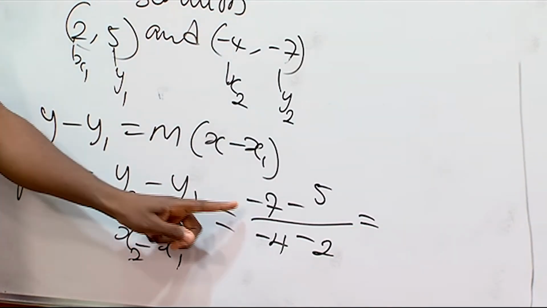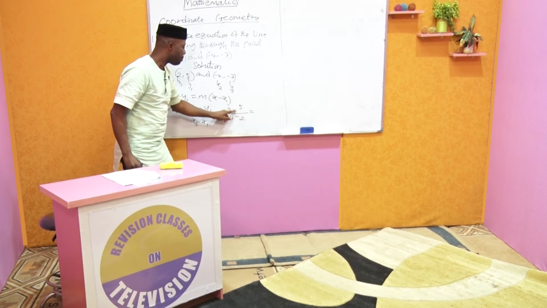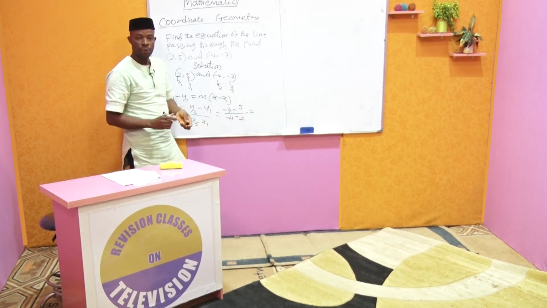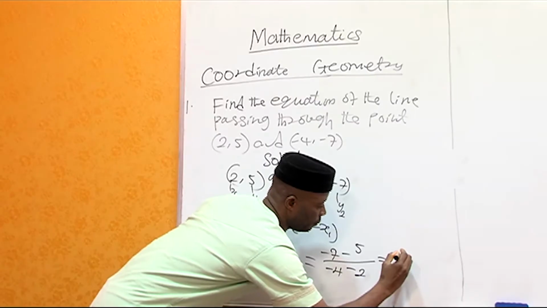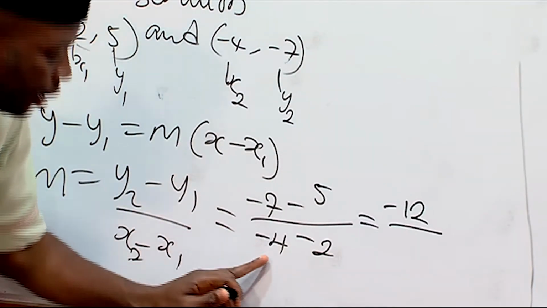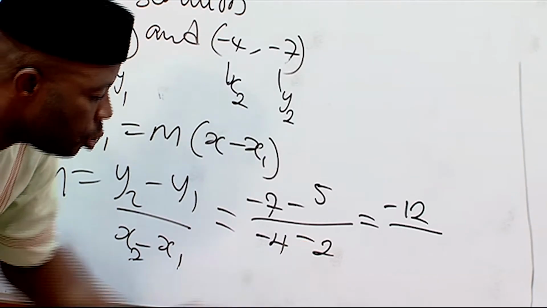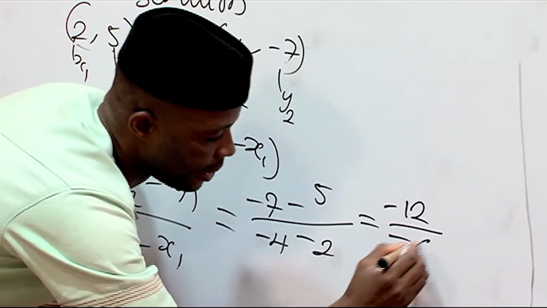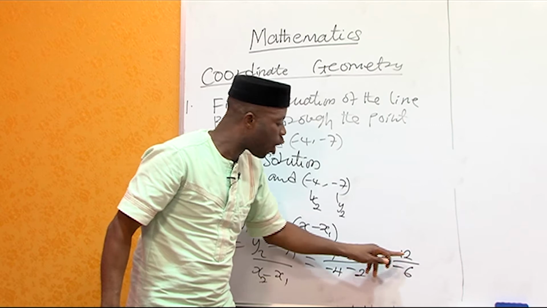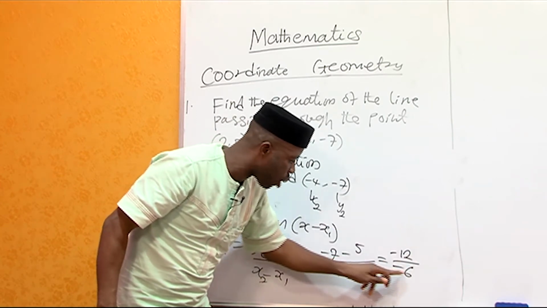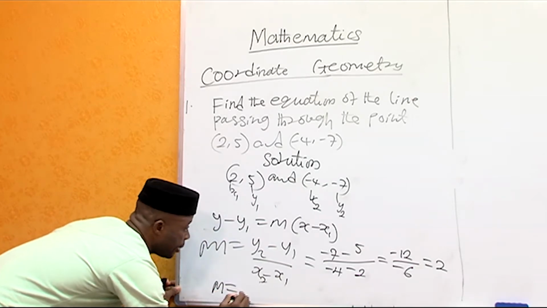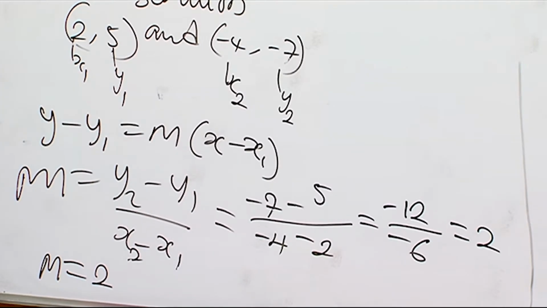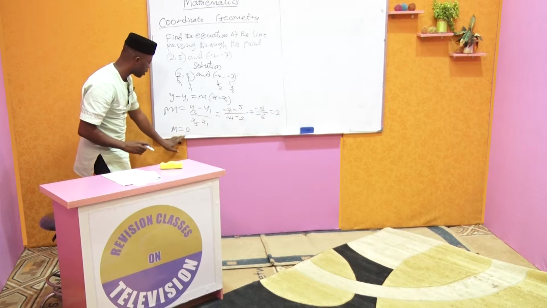That gives us -7 minus 5, which is -12, over -4 minus 2, which is -6. Then -12 divided by -6 gives us 2. So my gradient is 2.